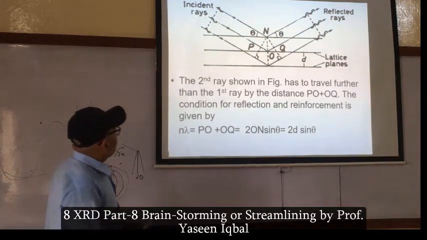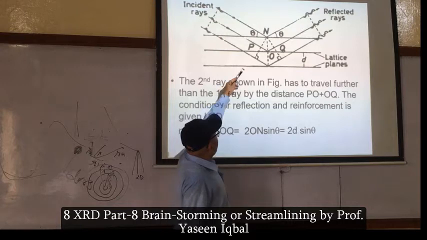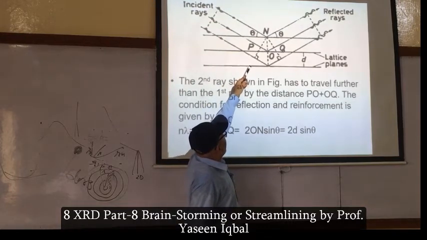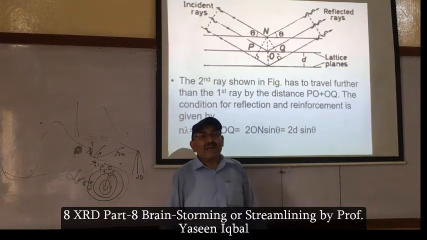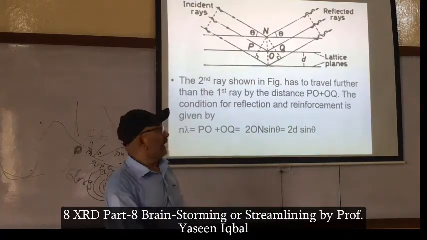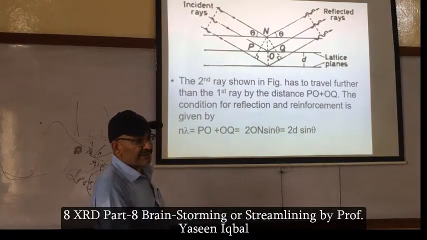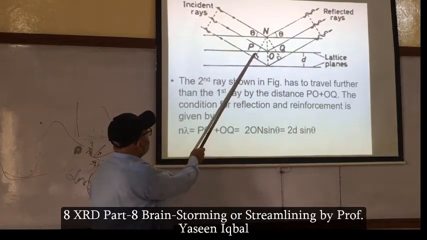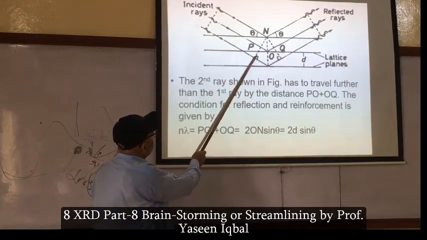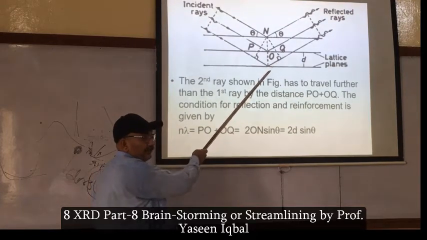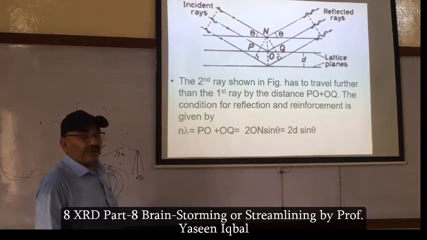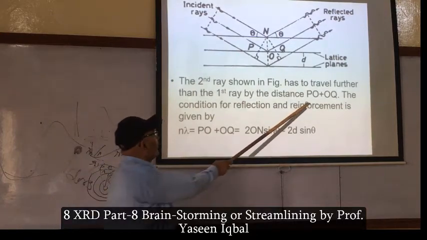Now, when this beam comes here and reaches here, how much distance does it travel? Say PO and OQ.